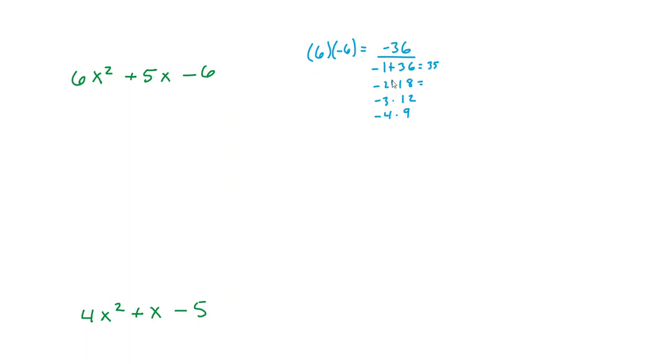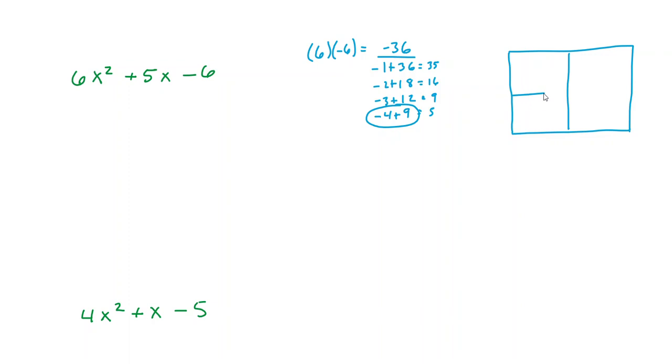And the sum is getting closer and closer to 5, and we finally found it. Negative 4 plus 9 is 5. So that's the pair of numbers that we're looking for. Okay, now I'm going to draw my little 4 boxes, 4 squares.